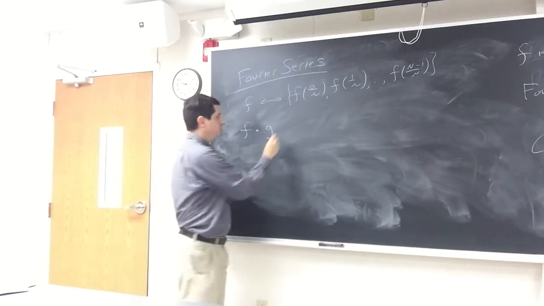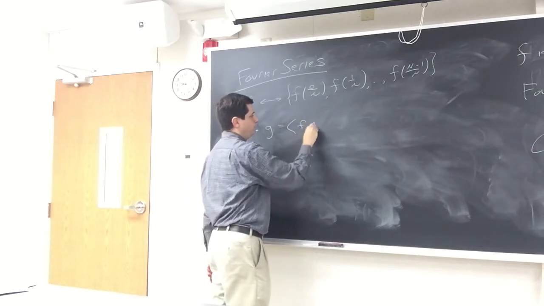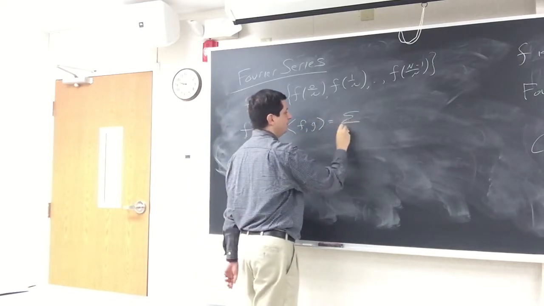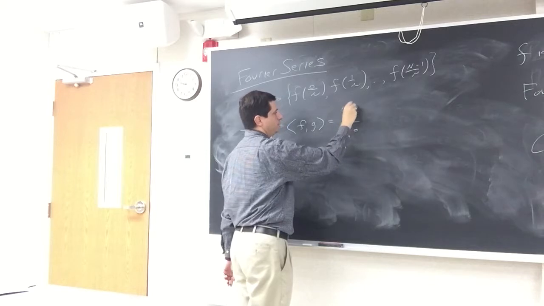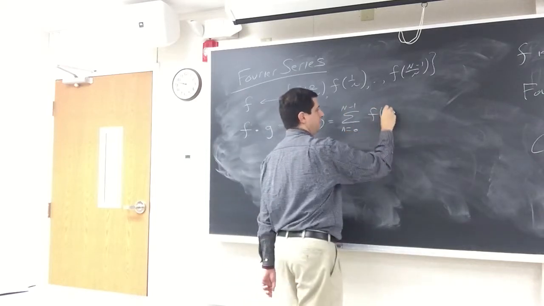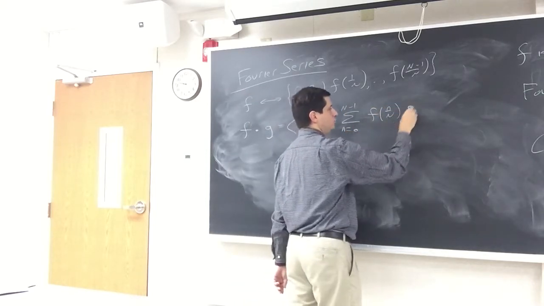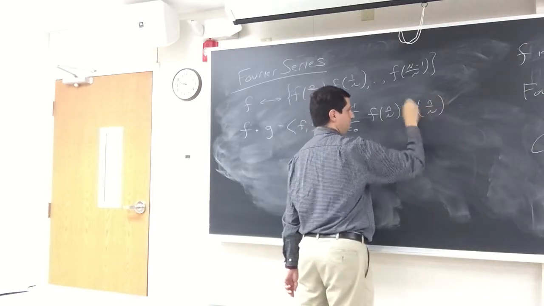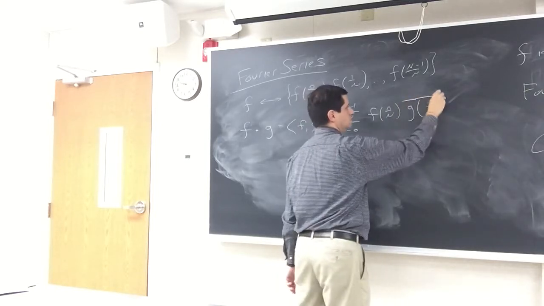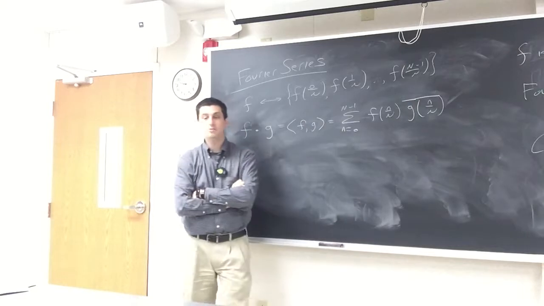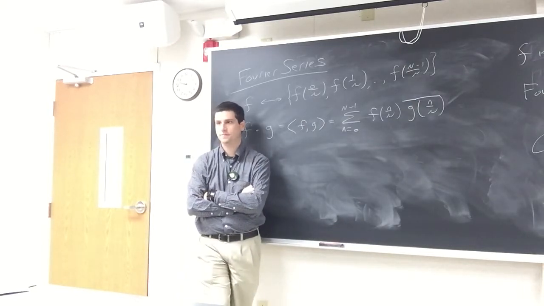So f dot g should now be the sum, n goes from 0 to n minus 1, of f of n over n times g of n over n, bar. And now I'm just taking the dot product of two functions. And now, what limit should I take?